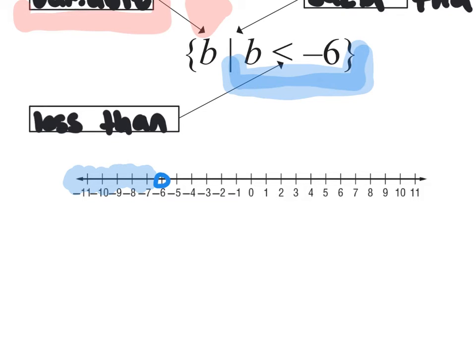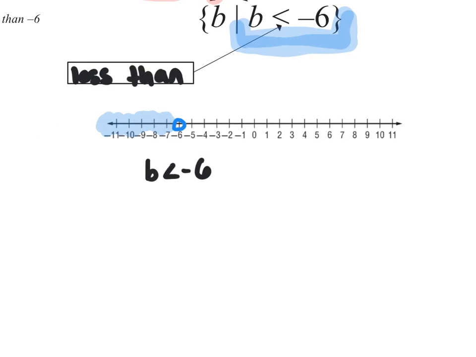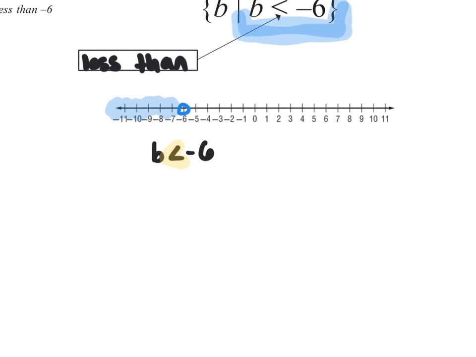Now, I do want to mention, because a lot of times students will say, Mr. Cottle, I always graph whichever direction my inequality is facing. So we did just graph here, b is less than -6. People will say, Mr. Cottle, this is pointing to the left, so I shade to the left.